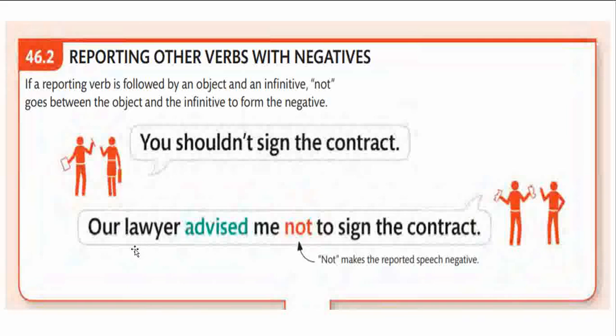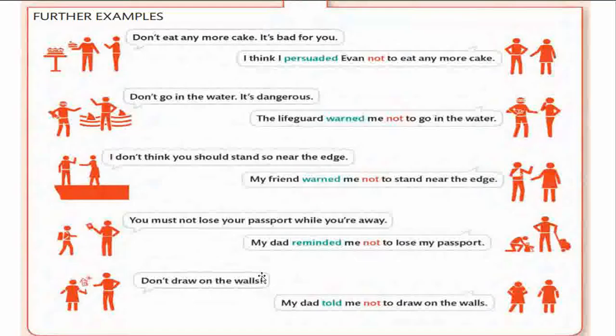We are changing it to, our lawyer advised me not to sign the contract. And as per the rule, we have inserted the word not between the object of the verb and the infinitive. Not makes the reported speech negative. Let us proceed and look at the examples.